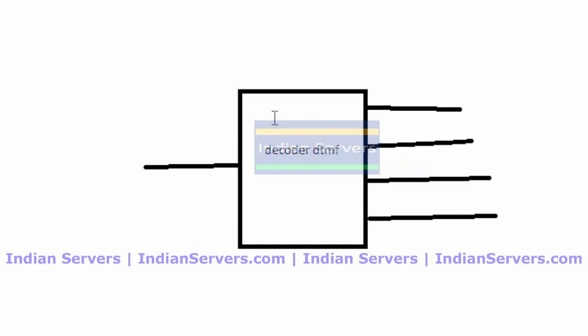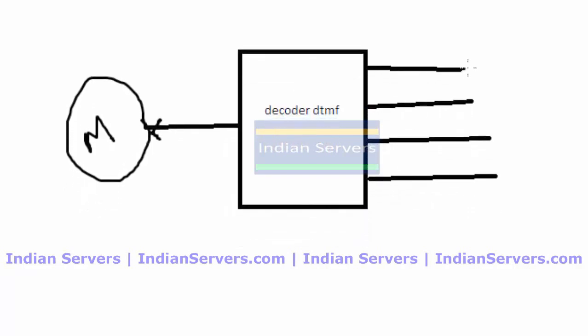This is the DTMF decoder. It has one input and 4 outputs. So this end is connected to the mobile phone through the earphone pin or 3.5 mm jack. So it has 4 outputs.